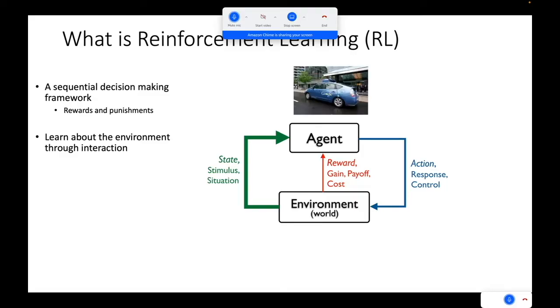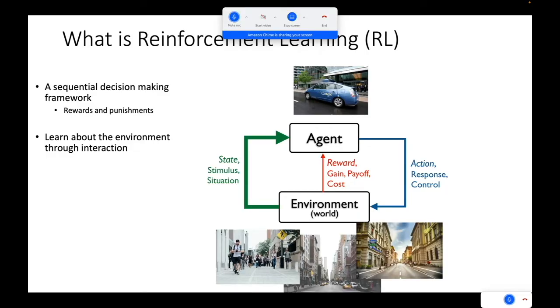Now, to make a more concrete example, let's look at a self-driving car where the agent is the software or the decision-making system which is embedded in the car. By virtue of some sensors that are mounted on the car, it can take a picture of the environment, for example, and it might know whether it is placed in a crowded street or an empty street or at an intersection.